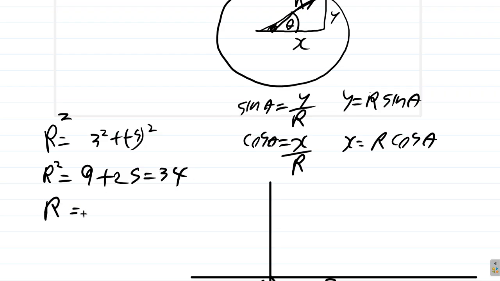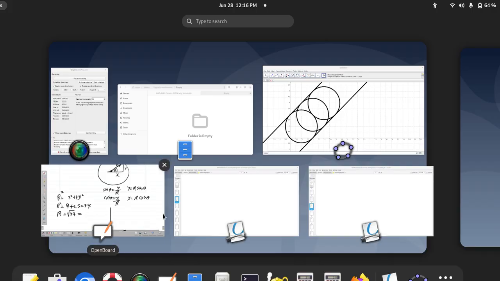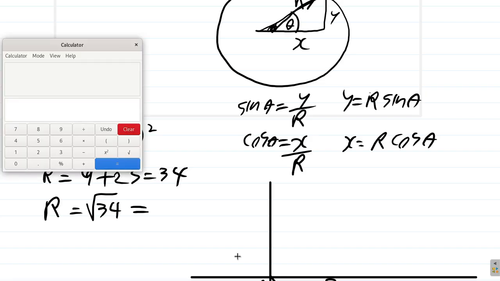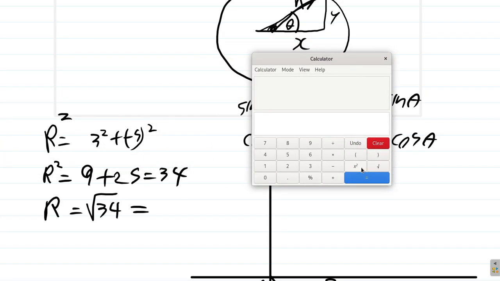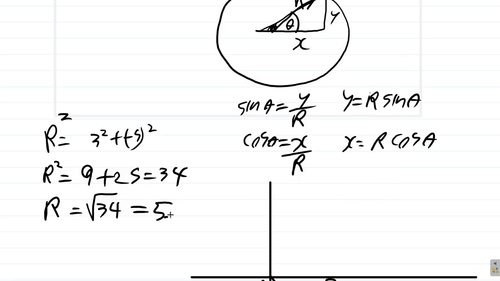So r is the square root of 34, square rooting both sides. Let's use our calculator. Square root of 34 equals 5.831. R is 5.831. Good, so we have r.